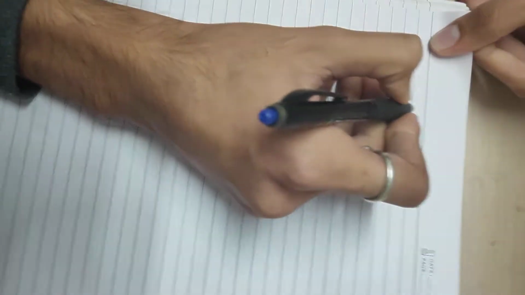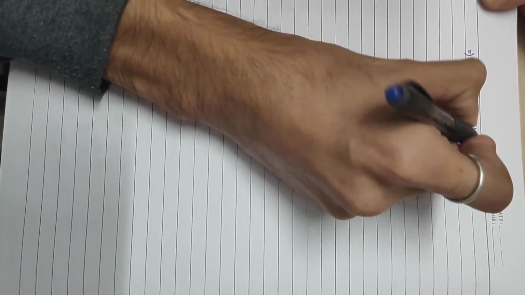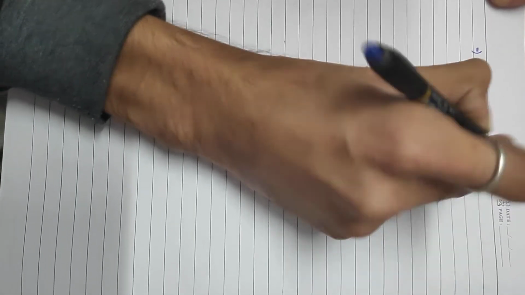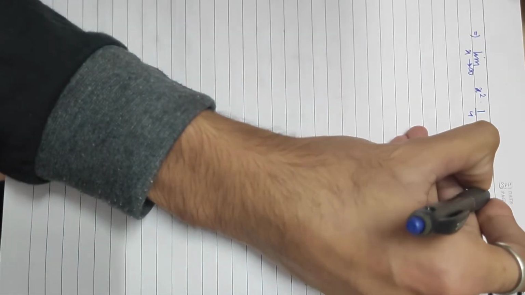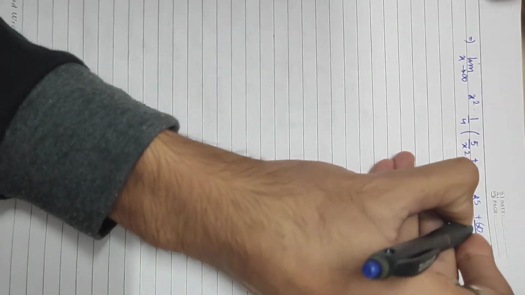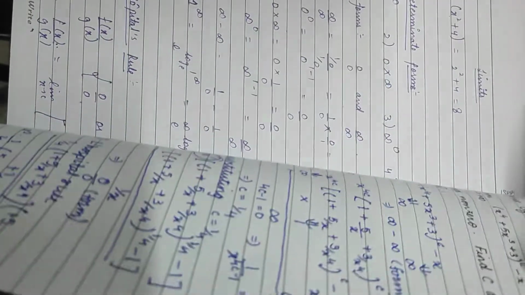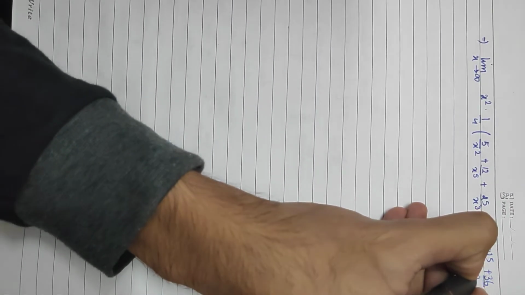And just moving to the next page, this implies again limit x tending to infinity, x square into 1 by 4, 5 upon x square, plus 12 upon x^5, plus 25 upon x cube, plus 60 upon x^6, plus 15 upon x^6, and at last 36 upon x^9.